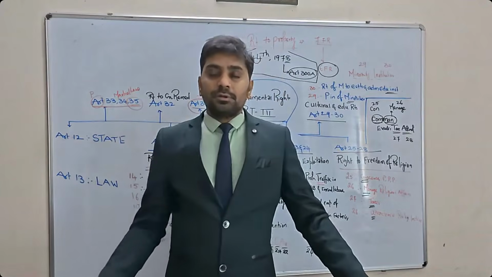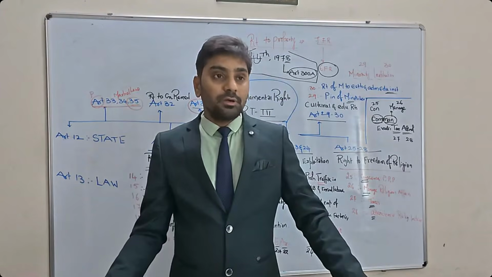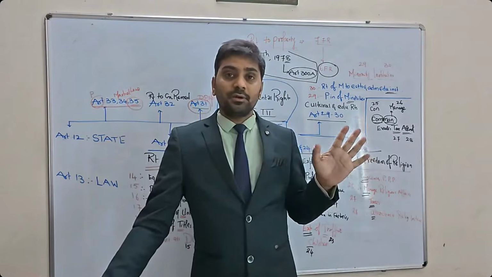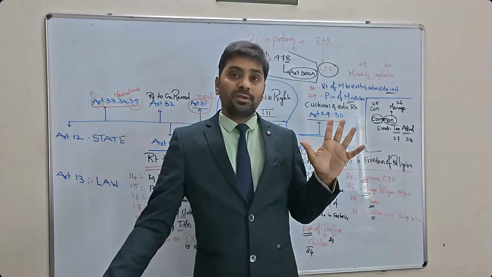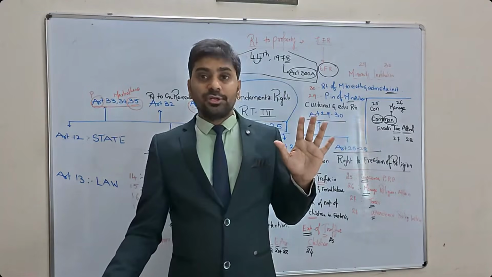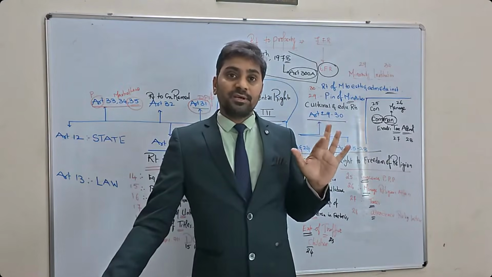First, it defines what is state and what is law, Article 12 and 13. Then 14, 15, 16, 17, 18: equality before law, prohibition of discrimination, equality of opportunity, prohibition of untouchability, abolition of titles.